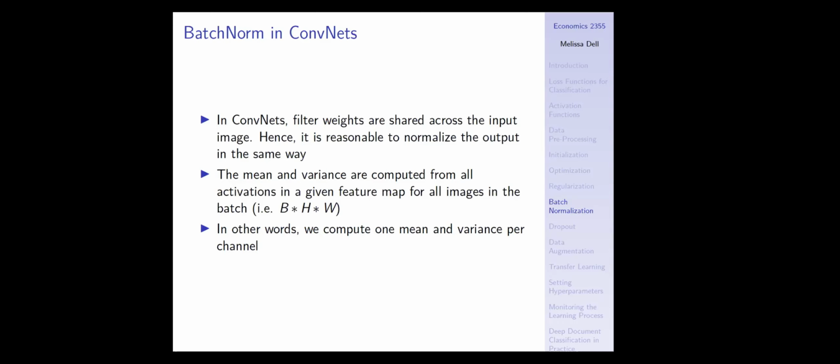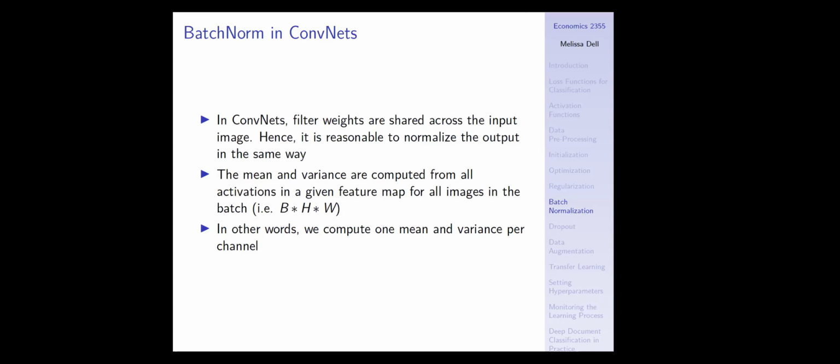So if you have a feature map that has dimensions h times w for height and width, and you have 32 images in your batch, you're going to compute the mean across all the pixels in that layer of dimensions h times w across all 32 images in your batch.